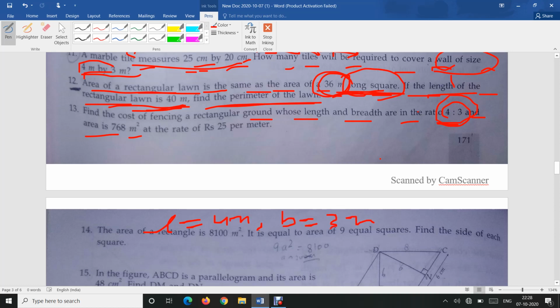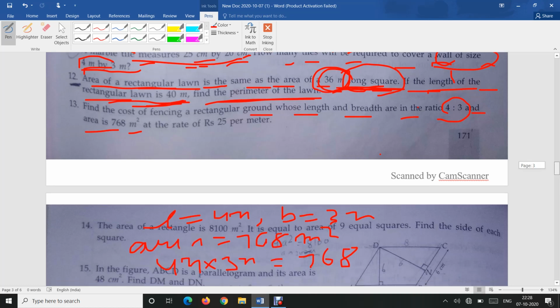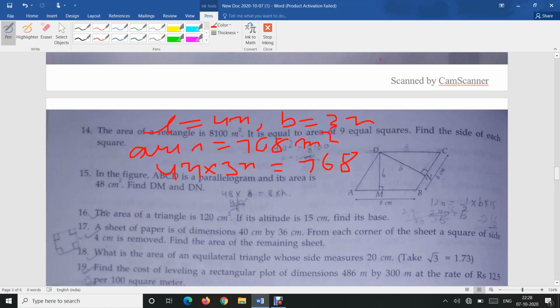After that, area is equal to 768 meter square, and you know the area will be equal to 4x into 3x, that means length multiplied by breadth is equal to 768 meter square. So 4 threes are 12, x square, because x multiplied by x is x square, is equal to 768.